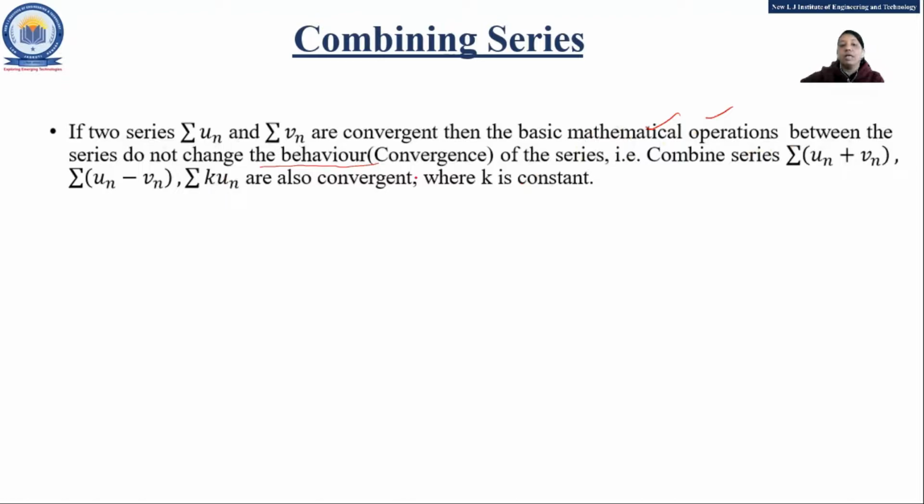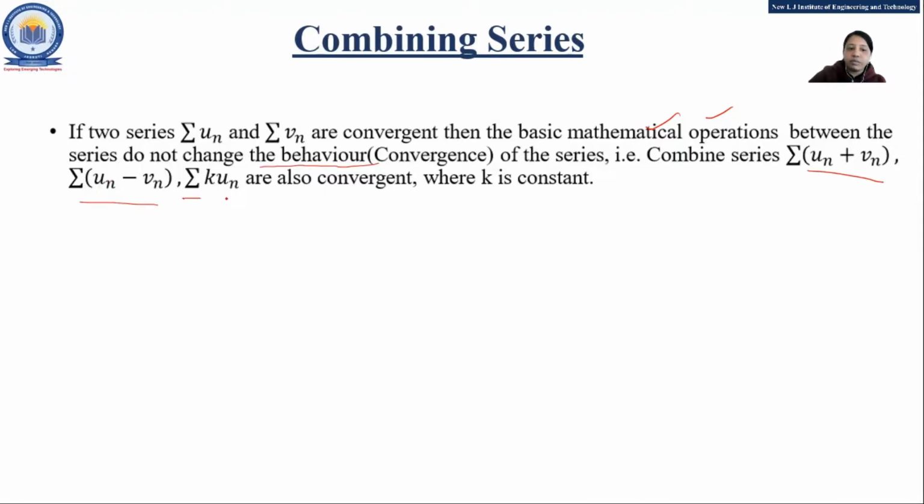That means if the two series un and vn are convergent, then un plus vn is also convergent, and un minus vn is also convergent, whatever the behavior of the two series is.